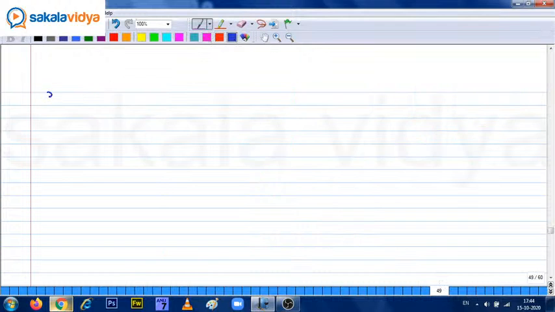Now, eighth problem. This is limit chapter. Singirala Anand.